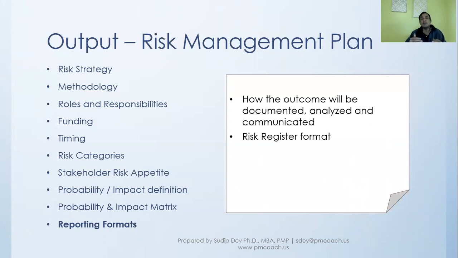So in the risk management plan, we'll put together a risk register format and how we will use it. And then we have the risk report, because there will be different reporting that we'll be doing, and what kind of format we want for the risk in terms of sources, in terms of how we summarize that, and so on.